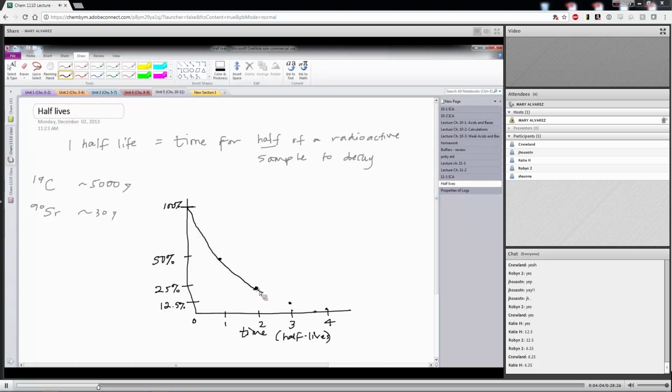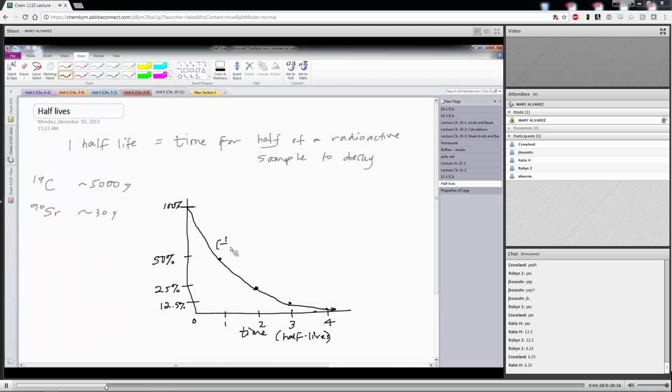So hopefully you guys can see, and hang on a second, this is not going to be a pretty line, but it's going to be a line. We call this exponential decay because it never really reaches 0. I mean, it can get to the point where the background radiation is on par with the radiation that you're getting from your sample, but you're just always getting half there, half there, half there. Also, what I want you to note is your fraction here.